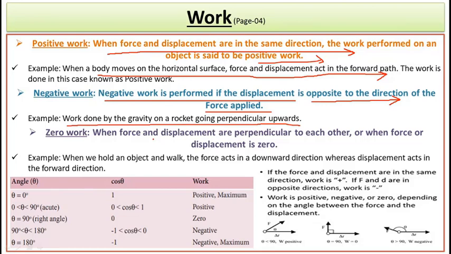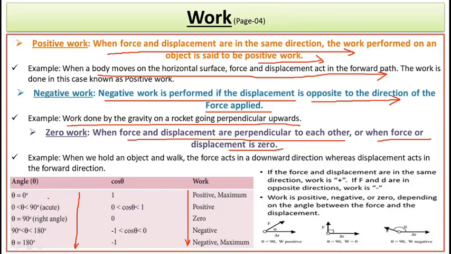Work done can be zero when the force and displacement are perpendicular to each other, or when the force or displacement is zero itself, then the whole calculation will be zero. Here you can see some of the relations between the angle and the positive, negative and zero situations of work done.